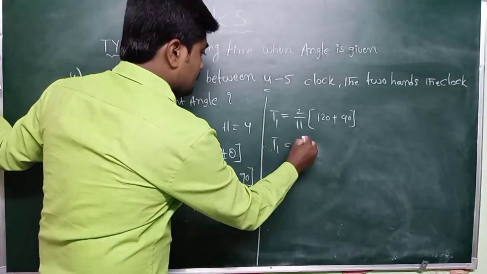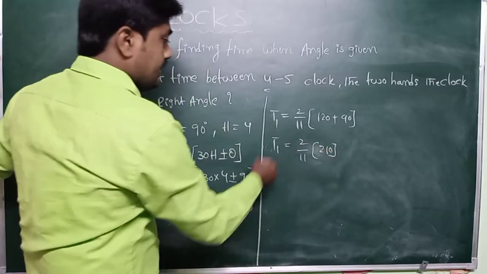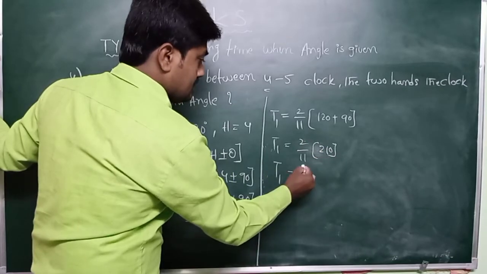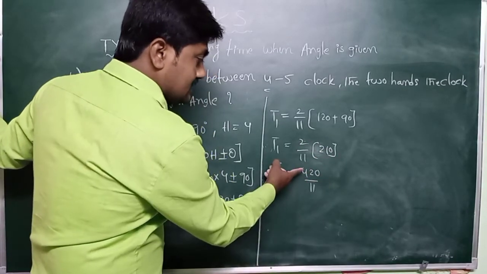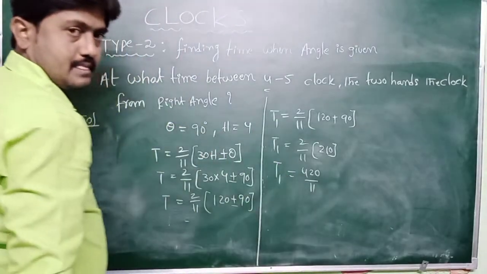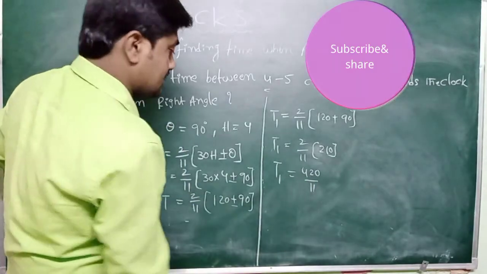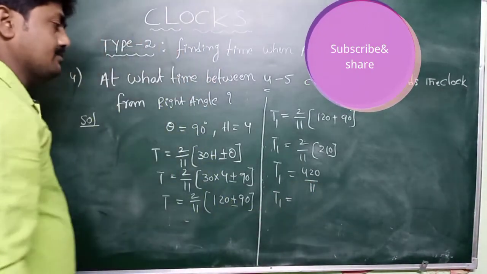So T1 is 2 by 11 into 210, which is 420 by 11. It is an improper fraction.